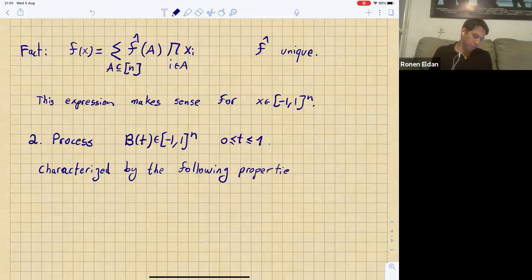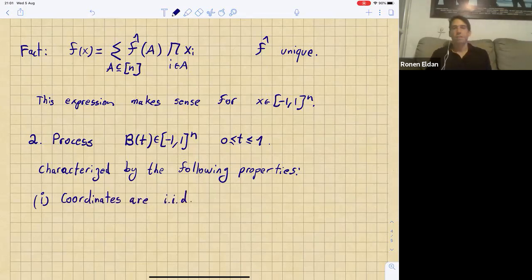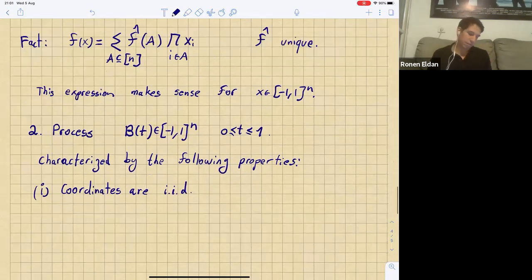The first property is that the process is essentially one-dimensional, in the sense that all coordinates are IID, so I just need to tell you how one coordinate behaves.